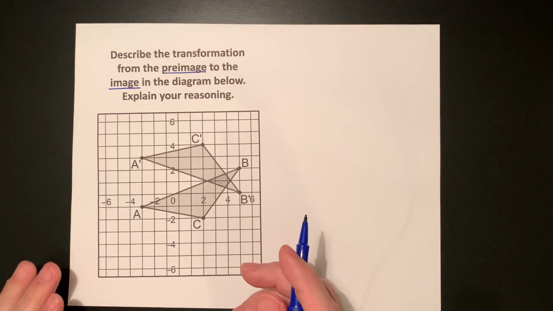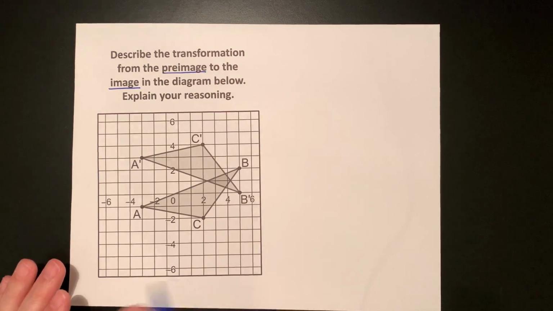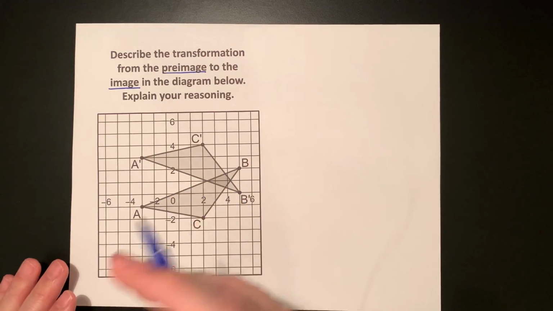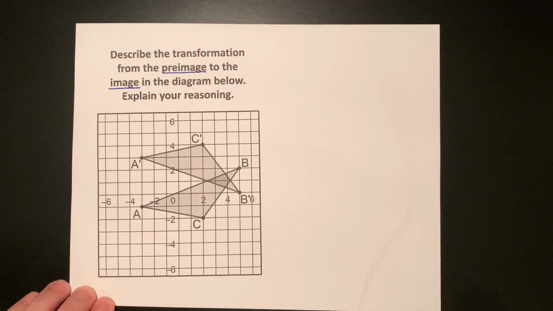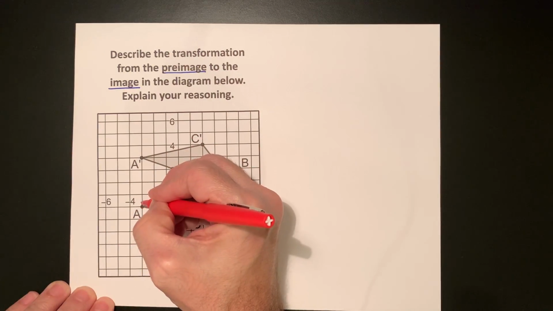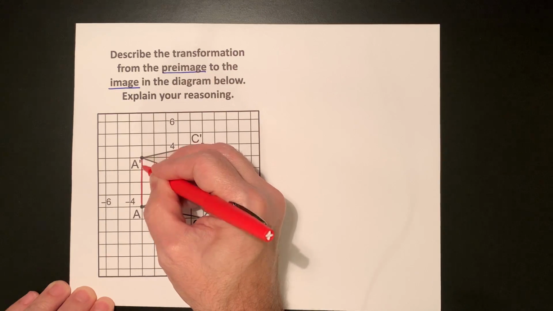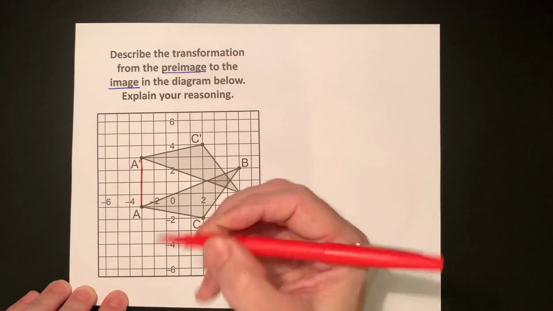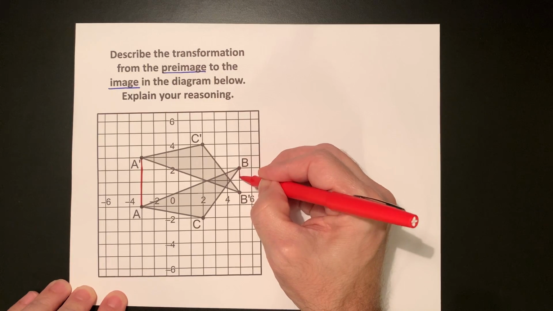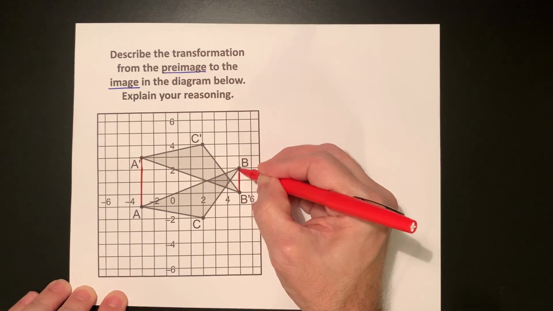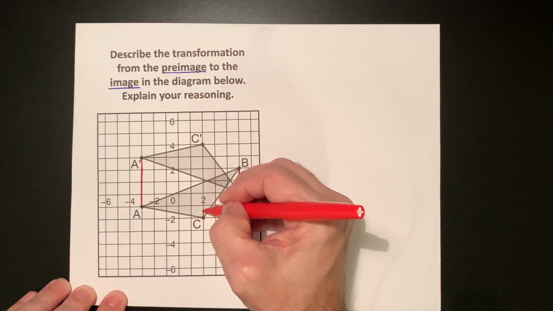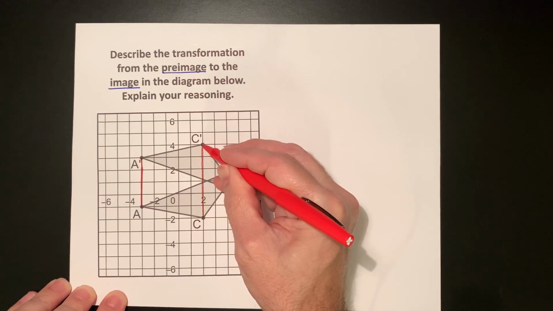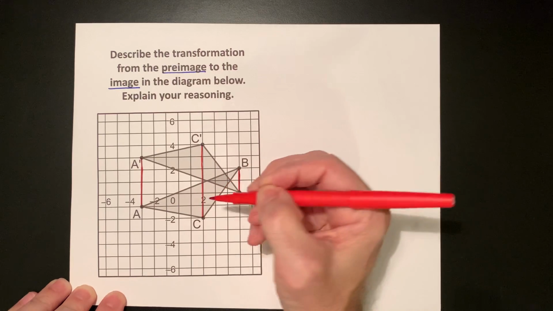First of all, let's look at the direction that each point moves to its image location. So point A moves in this direction to get to A prime, point B moves in this direction to get to B prime, and point C moves in this direction to get to C prime.